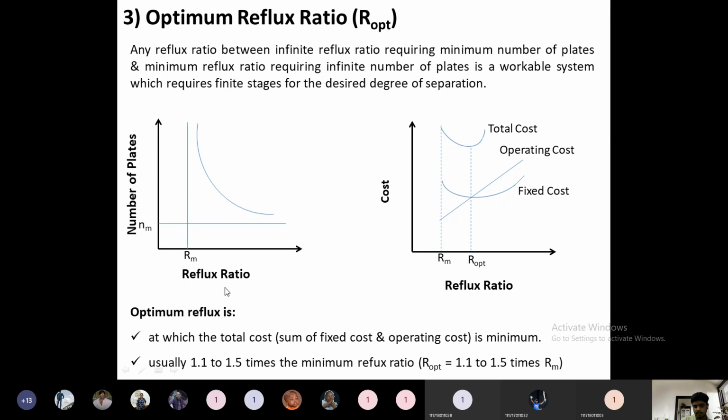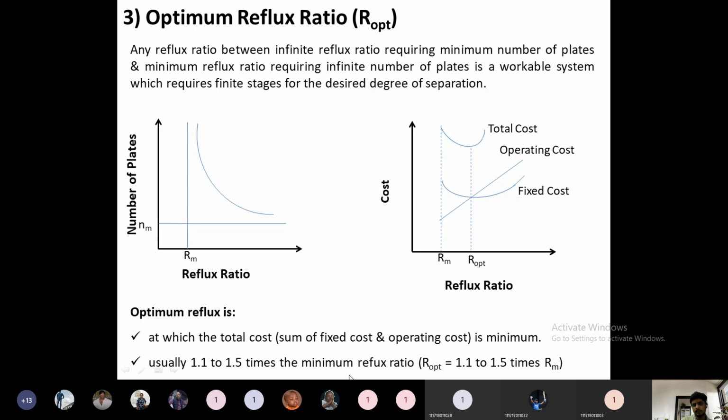The optimum reflux ratio is at which the total cost, the sum of the fixed cost and operating cost, is minimum. Usually, by the rule of thumb, we can take the operating reflux ratio as 1.1 to 1.5 times the minimum reflux ratio.